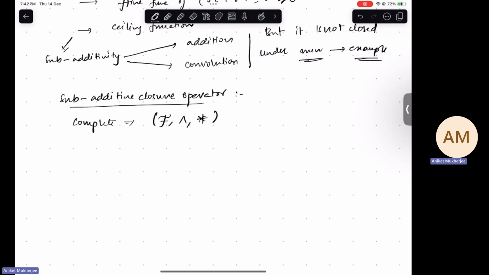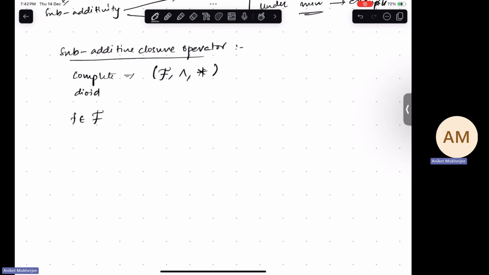So this is a complete dioid. Now, if you have a function f belonging to the min plus functions, then f star, the Kleene star operator, is defined as the min over i equal to 0 to plus infinity of f^i, where f^0 equal to e.